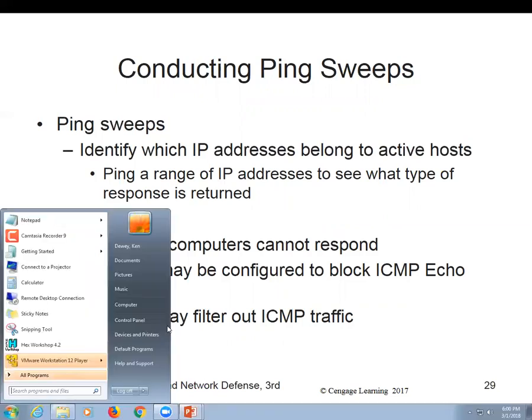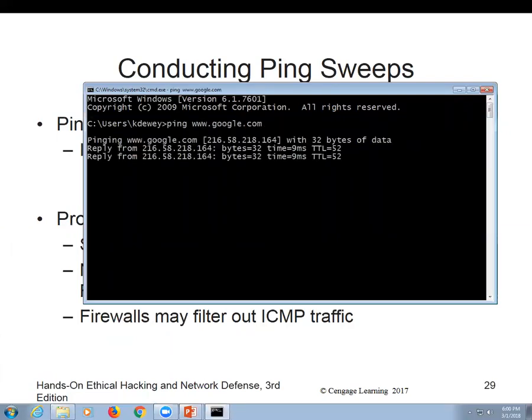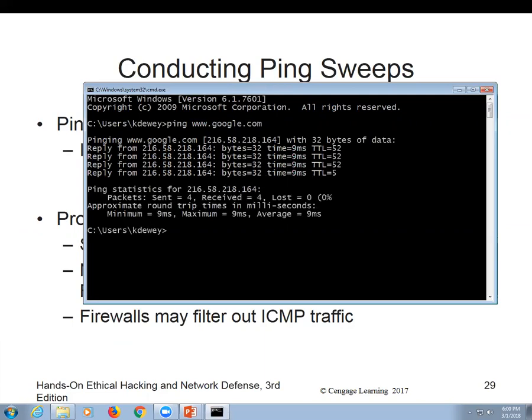Like if I was to sit here right now and ping www.google.com. Holy moly. Since when did they open that back up? They used to block everything, didn't they?